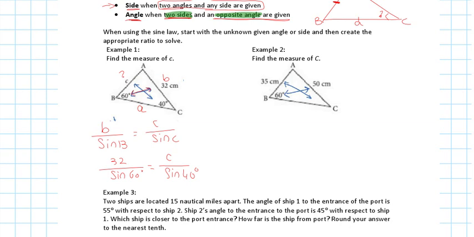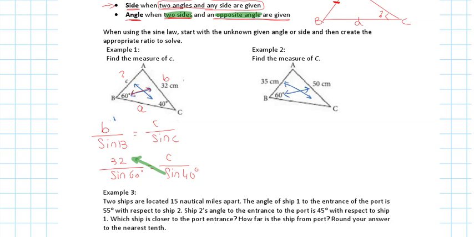Eyes on the board. I'm solving for side C. How do I solve for side C? So, I need to remove that sine 40 from the bottom. And I can do that by cross multiplying. But instead of doing the actual cross, where I multiply the sine 60 by C, I'm just going to do half cross multiply. I'm just going to move that division of sine 40 over to the other side and it becomes a multiplication.